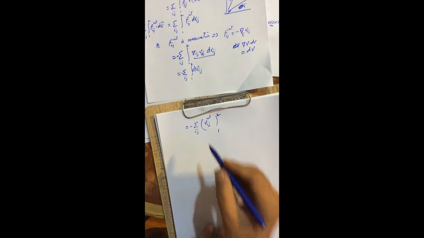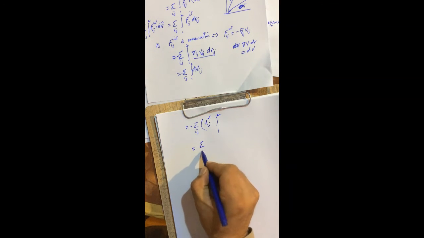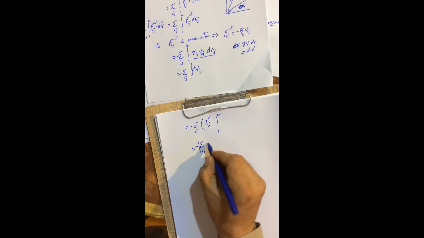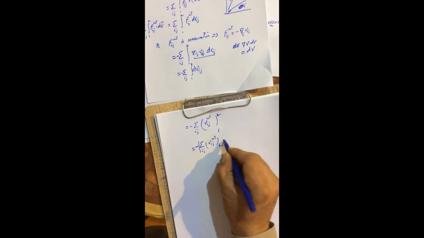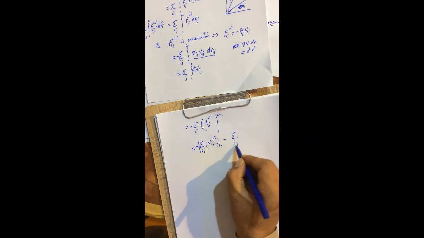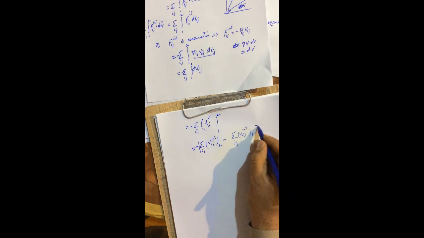Now this is equal to sum over ij with a negative sign, Vij internal at the upper limit, configuration 2, minus sum over ij Vij internal at the lower limit, configuration 1.